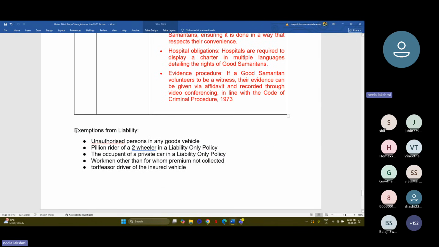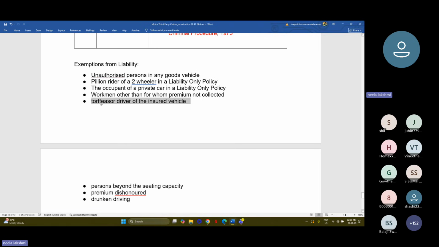Generally, we already saw who are not third parties. Now, extendedly, what are the exemptions from liability? Unauthorized persons in any goods vehicle, a pillion rider of a two-wheeler in a liability only policy, the occupant of a private car in a liability policy, a workman for whom premium is not collected, and the tortfeasor driver of the insured vehicle. We already learned that a tortfeasor is a civil wrongdoer.